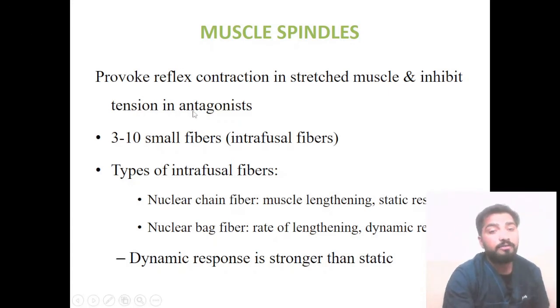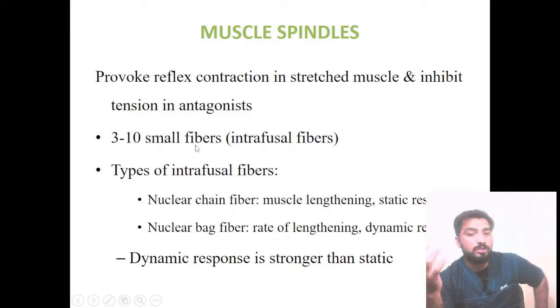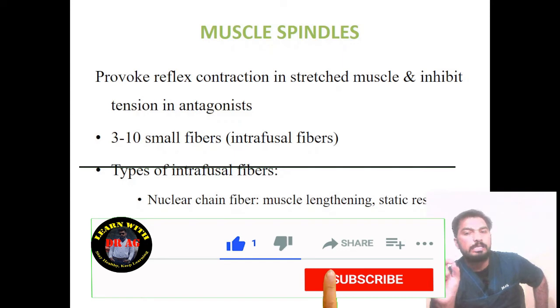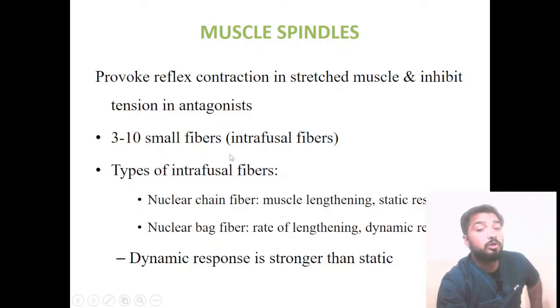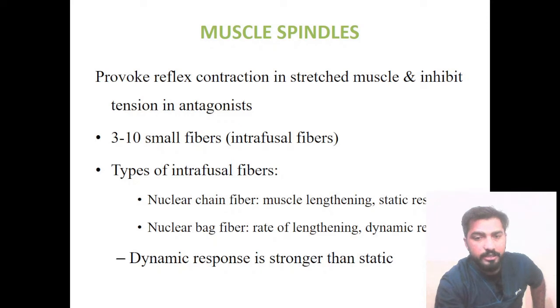So 3 to 10 small muscle fibers, that are the intrafusal fibers, are supplied by one muscle spindle. There are two types of intrafusal fibers: nuclear chain fibers and nuclear bag fibers.